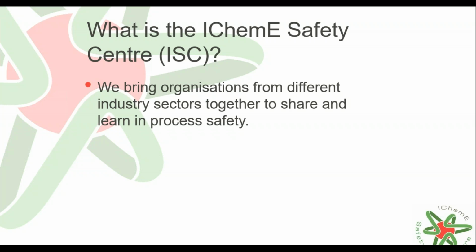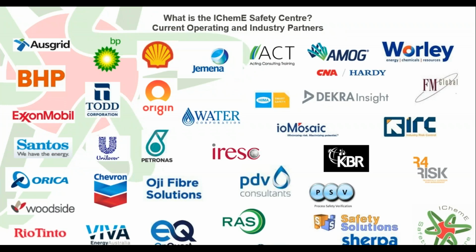It is also a platform where you can share your experience with each other, ask questions and share practices from your operation. We have operating members and industry partners, as you can see here on this slide.